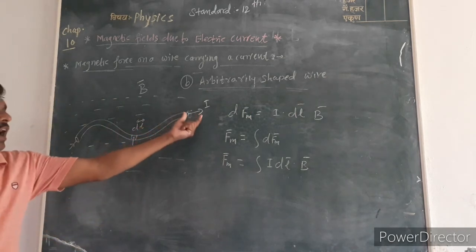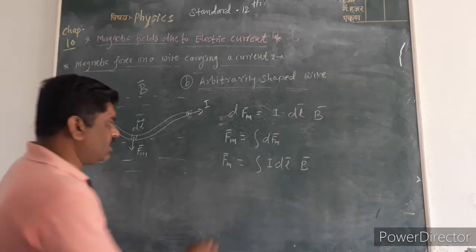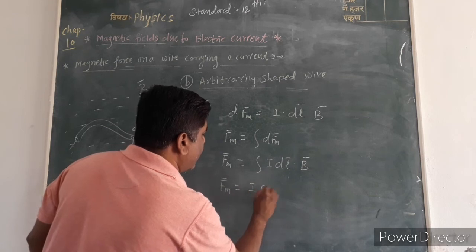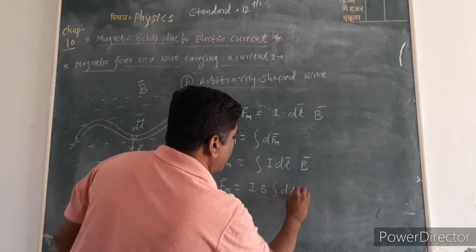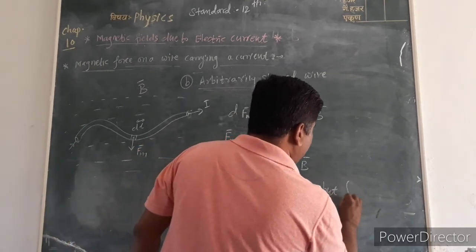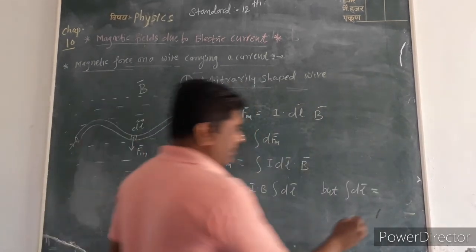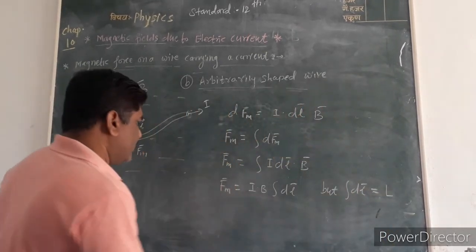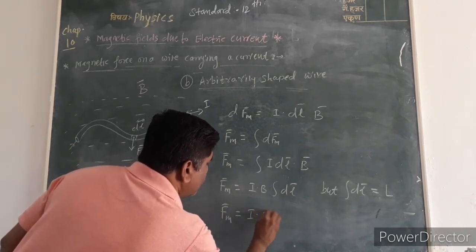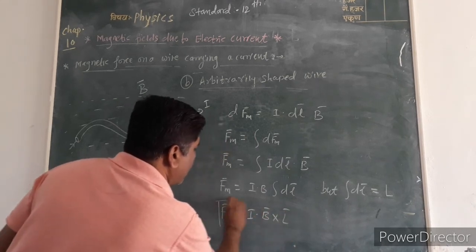But the electric current I and the field B are uniform, or constant, therefore Fm bar is equal to I into integration of dl bar cross B bar. But integration of dl bar is nothing but the total length of the wire, that is L. Therefore Fm bar is equal to I into L bar cross B bar.